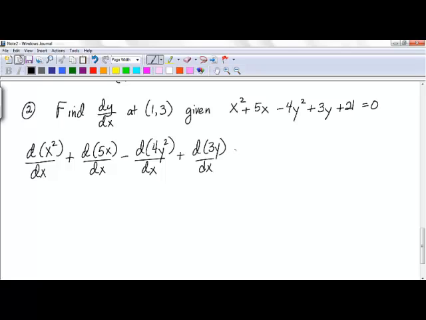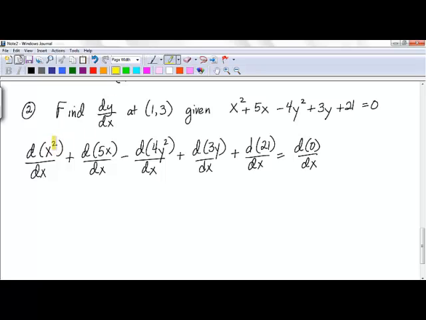You could have one step in front of this saying derivative of the whole left side with respect to x, but I'm going right to each term. And same thing on the right side, derivative of 0 with respect to x.